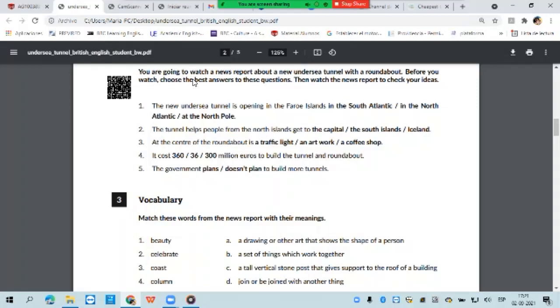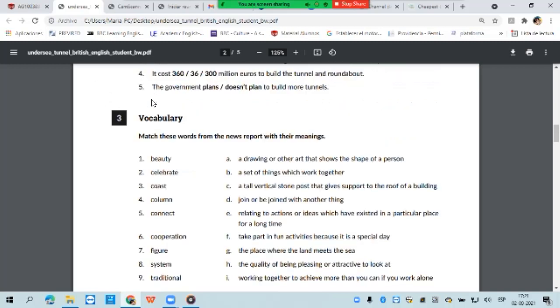An artwork. Right. Let's see, number four. 360 million euros. Right. And number five. The government plans. Okay, good.